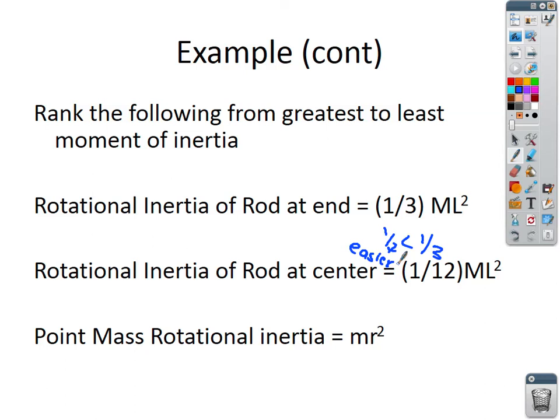So if we think about going back to that, the easiest one to rotate would be the one through the center. I think that was B is the easiest. I forget which way it said that we had to rank these. It probably was from most difficult to least difficult. B would be the easiest to rotate. I'll go on back.